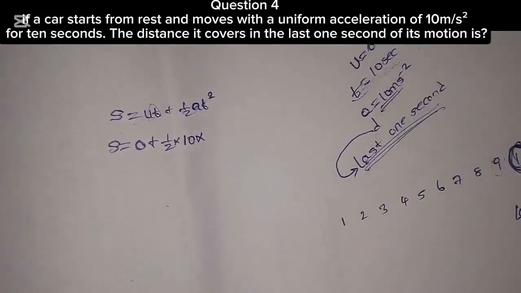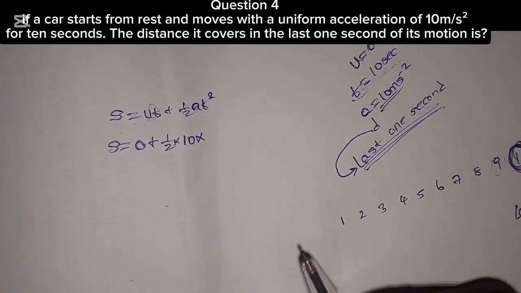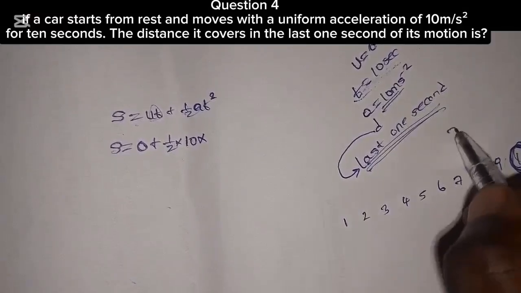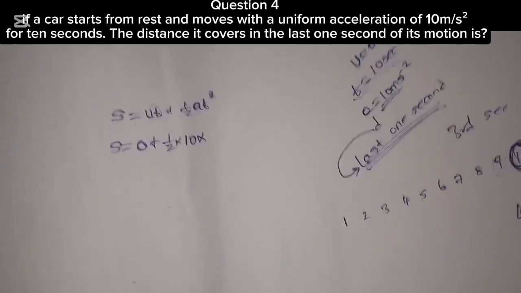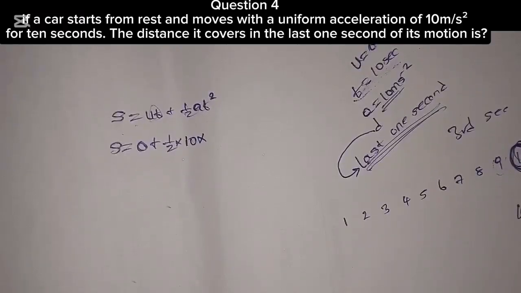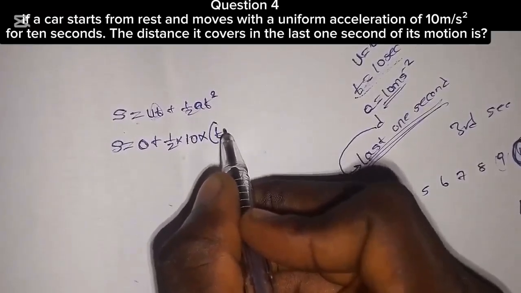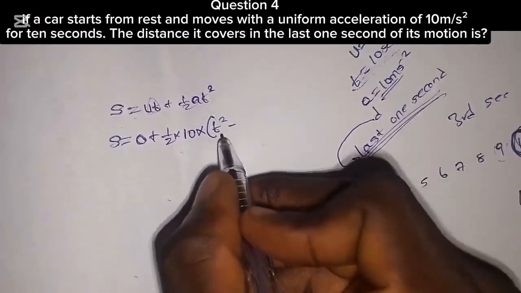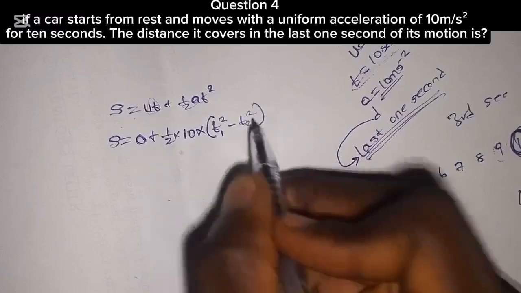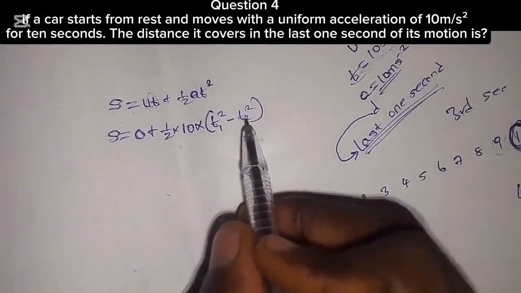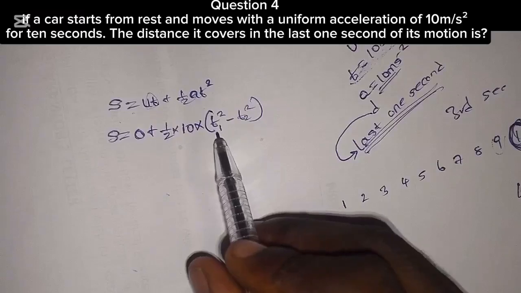Now whenever you see any question that says calculate the distance in the last 1 second, last 2 seconds, the third second, the fourth second, whenever you see any question like that, just do this. Open bracket, T1 square minus T2 square, close bracket.